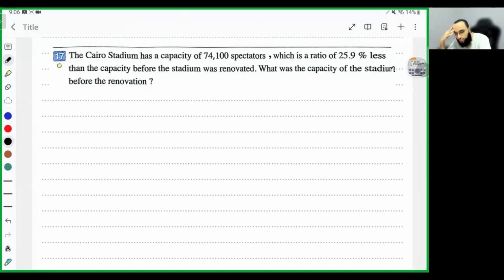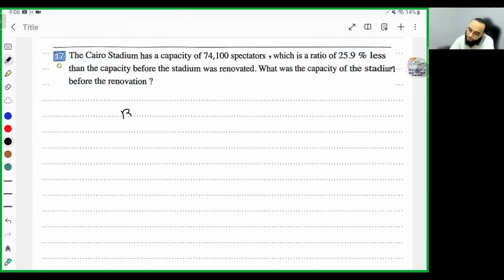So after renovation, the capacity of the stadium is going to be less, decreased.